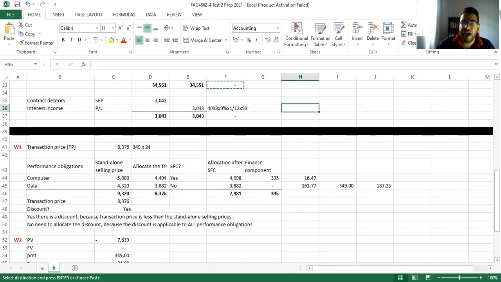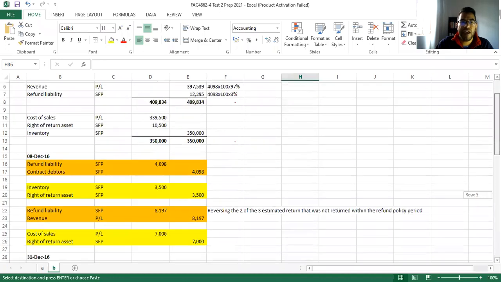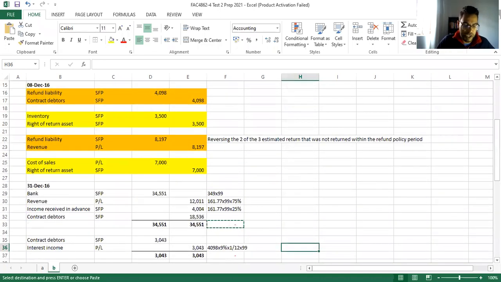So the way you can see how I dealt with it over here, when I looked at the transaction, I'm like, okay, we know something happened, we transferred computers. So on 1 October, what is the accounting treatment based on the transfer of computers as well as the activation of data? On 7th, 8th December, we know the refund policy comes to an end. Does it draw any accounting treatment?